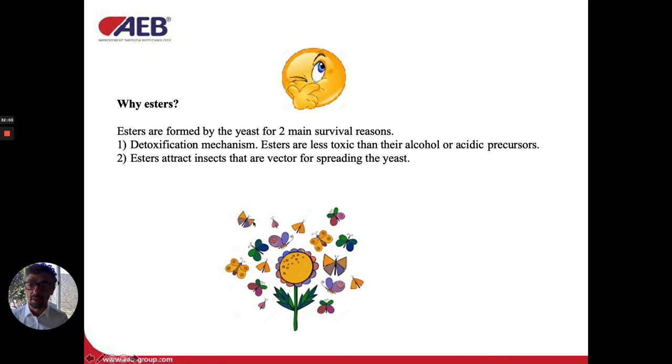Also, once it has these esters that are attracting insects, the yeast is sure to have a vector to travel easier. The insect is going to touch the wine, the fermented must, and is going to carry some of the yeast somewhere else.